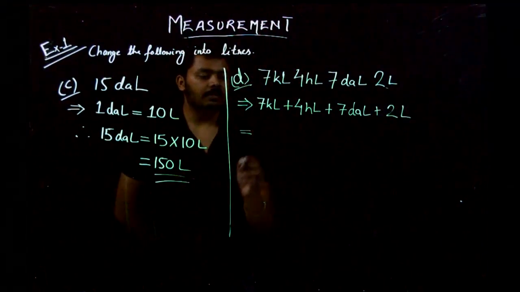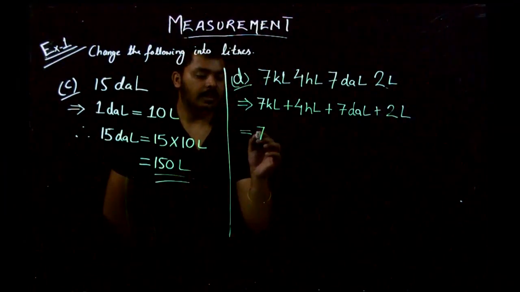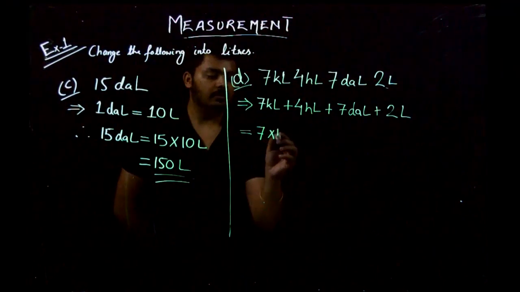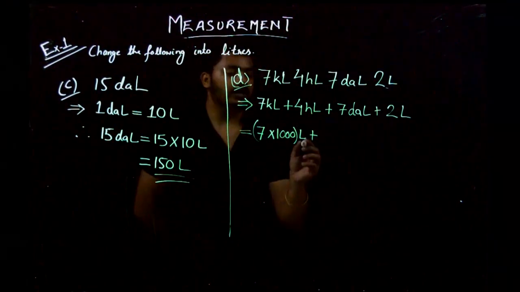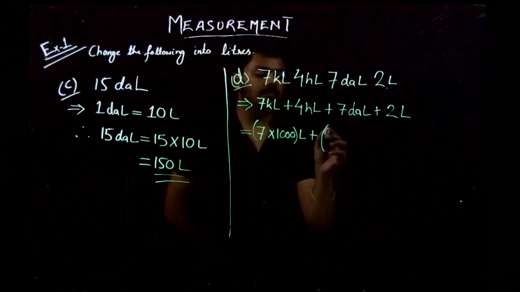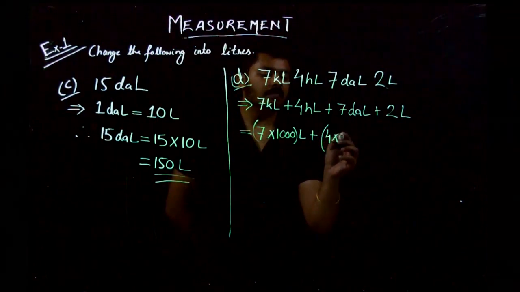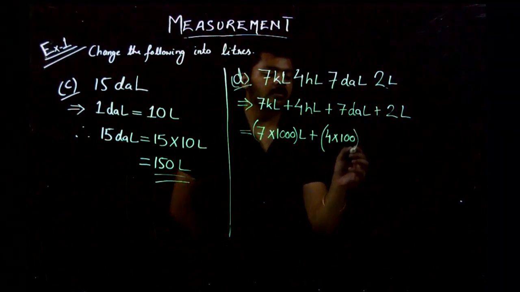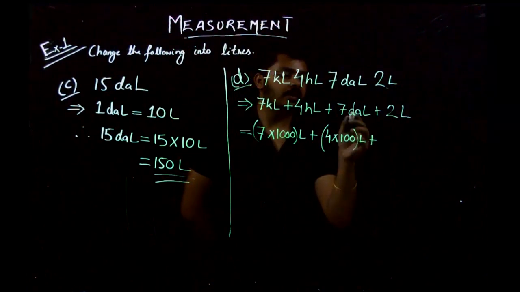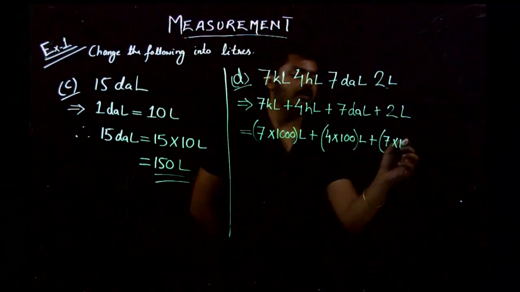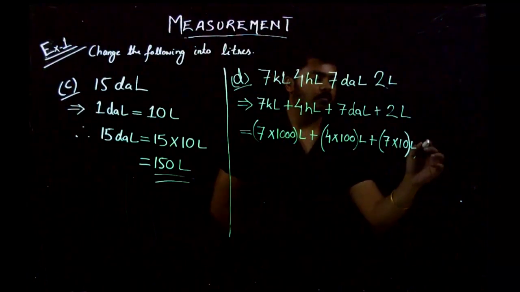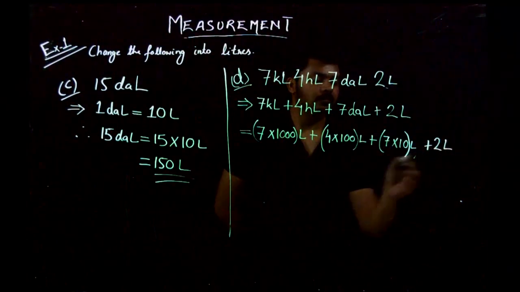Further, 7 kiloliters can be written as 7 multiplied by 1000 liters, and 4 hectoliters can be written as 4 multiplied by 100 liters, and 7 decaliters can be written as 7 multiplied by 10 liters plus 2 liters.